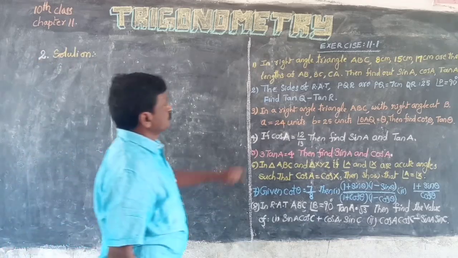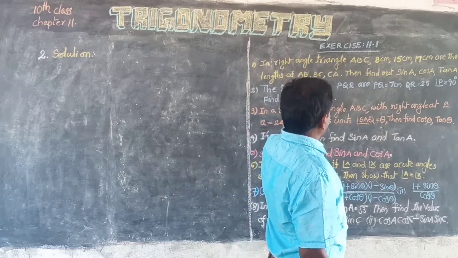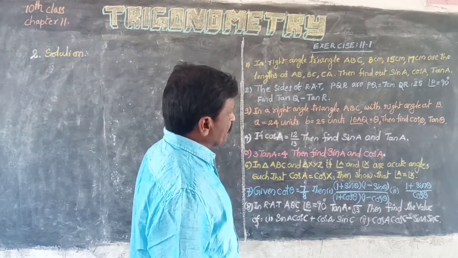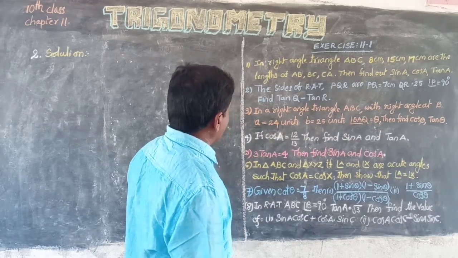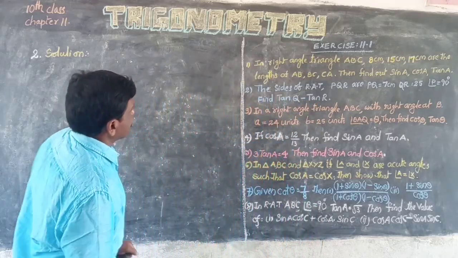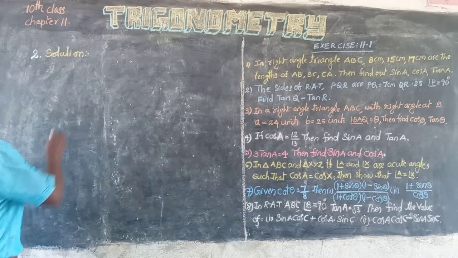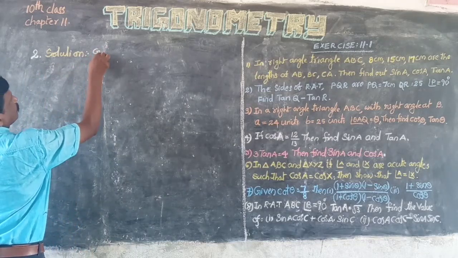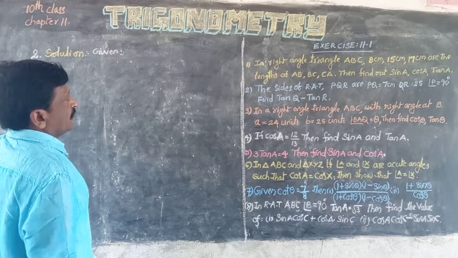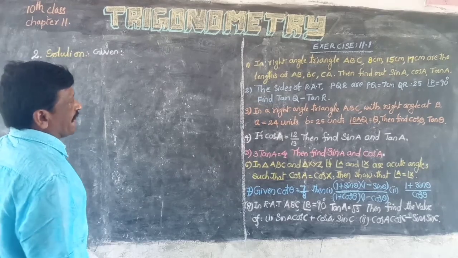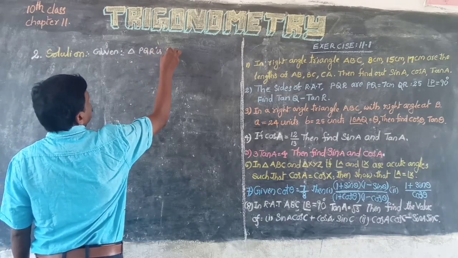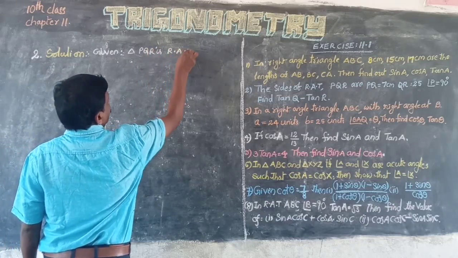Second sum. The sides of right angle triangle PQR are PQ 7 centimeters, QR 25 centimeters. Angle P is equal to 90 degrees. Find tan Q minus tan R. So, second given: PQR is a right angle triangle.